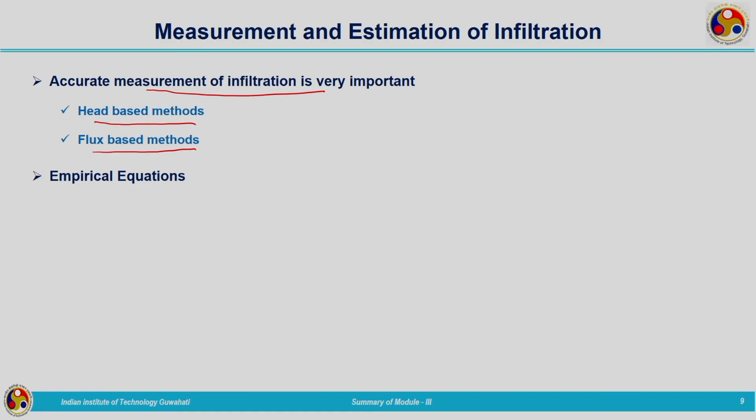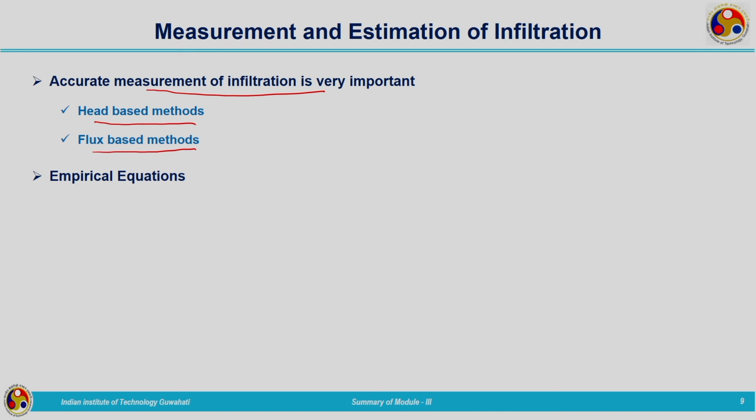And the double ring infiltrometer in detail we have seen. We have started with the single ring infiltrometer and then we have moved on to the double ring infiltrometer. After understanding the disadvantages of the single ring infiltrometer, we have gone to the double ring infiltrometer and we have seen how infiltration can be represented in curves by means of infiltration rate and cumulative infiltration depth.